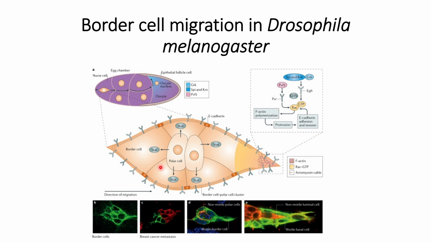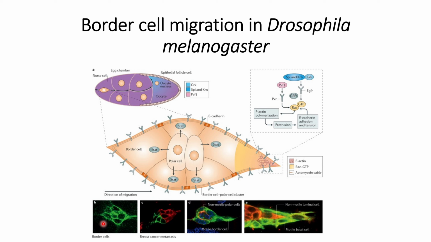If we compare this process with cancer cells, we can see that cancer cells also follow a similar process. That is, they also have two different polar cells that, in combination, help in the migration of cancer cells from one location to another.